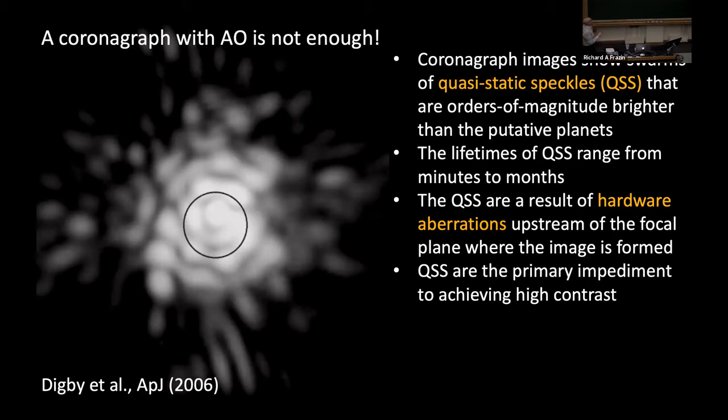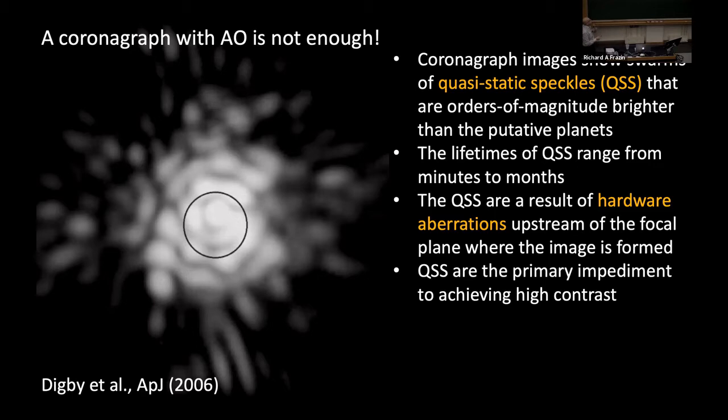So these speckles are actually the hardware speckles, and they change on time scales of a few minutes or longer, is what has been found. The telescope hardware is under varying thermal conditions, and depending on how it's mounted, there could be time varying gravitational stresses.